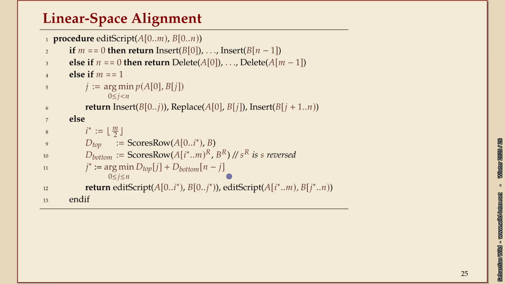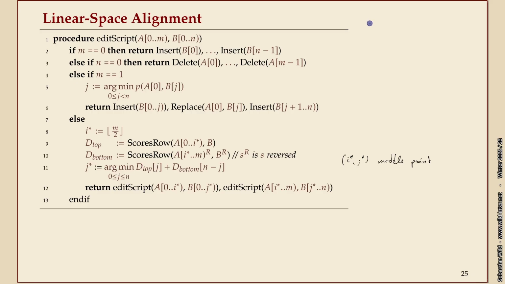But conceptually, it's the same thing as the top part. And so by just adding those up and finding the best split point, we get our middle point. This point I star, J star is then the midpoint. So the edit script we get from this is the best edit script to get from 0, 0 to I star, J star, plus the best edit script to get from I star, J star to M, N.